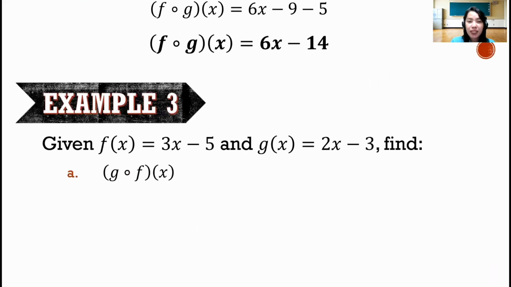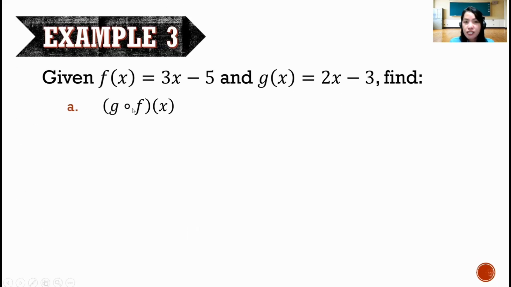And for letter B, same functions, we're going to find and simplify g of f of x. From the definition, that is equal to this symbol. Again, this can be read as g of f of x. Tandaan nyo na dito, ang nasa loob ng parenthesis ay yung f of x naman.